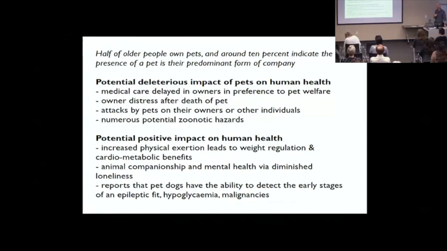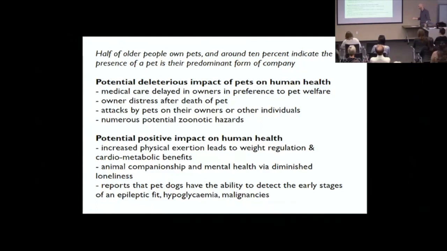There were high levels of loneliness reported, and actually rather tragically 10 to 12% of some communities over the age of 65 reported that their major form of social contact was via their animal companion. It's obviously sad for many reasons, but the fact that about 50% own pets means that, from a public health point of view, it could potentially have impact.